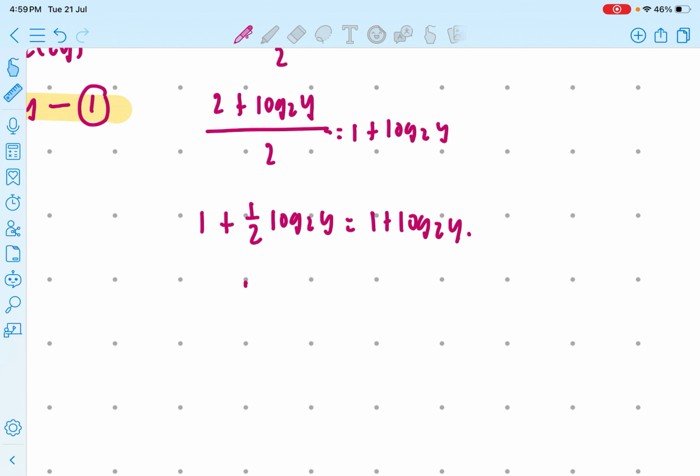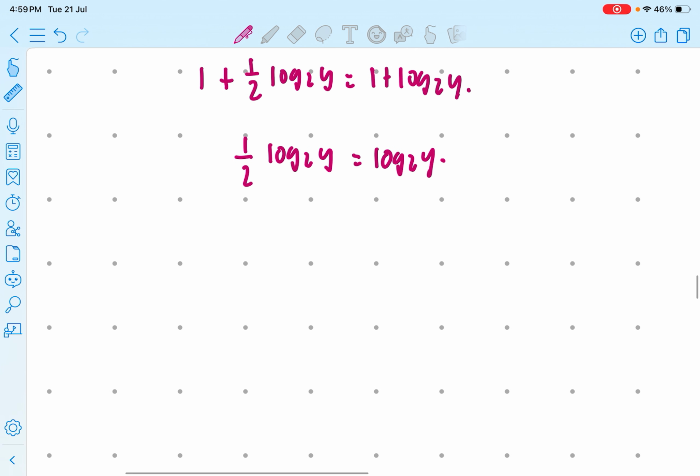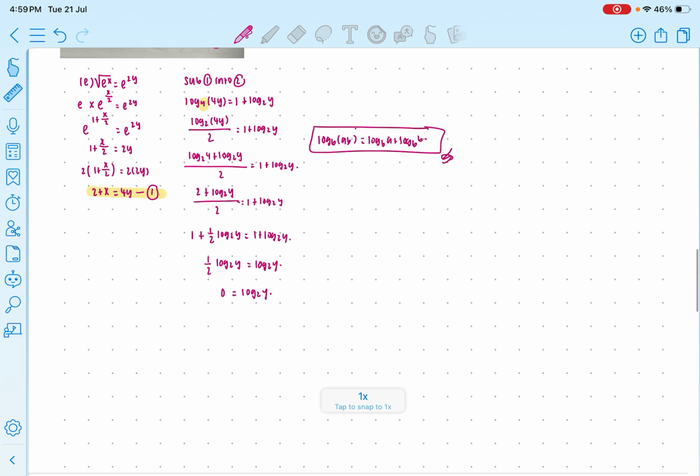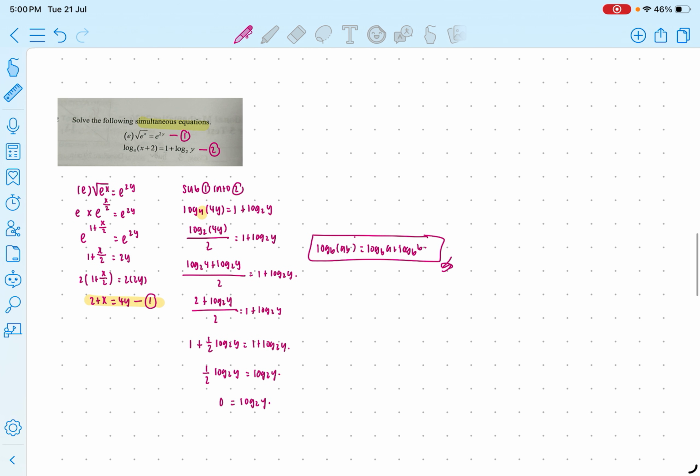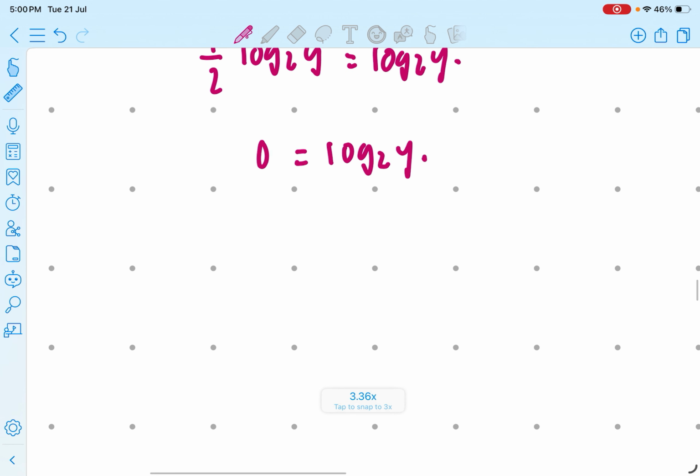Basically we can just remove the 1 on both sides and multiply by 2 to get rid of the fraction. Effectively you're left with log base 2 of y equals 0.